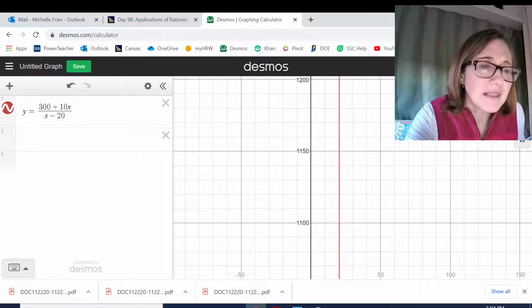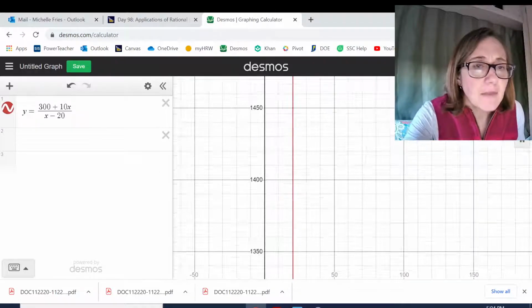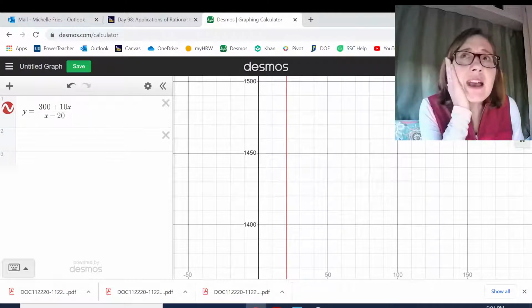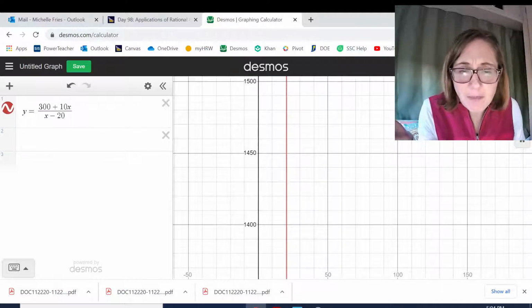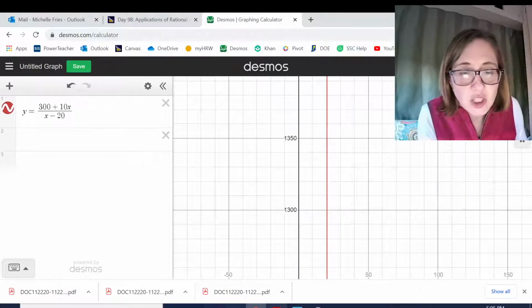However, it's not really going to make sense to say that it approaches 0 people because you have 20 free people coming. So I don't really like that question, honestly.